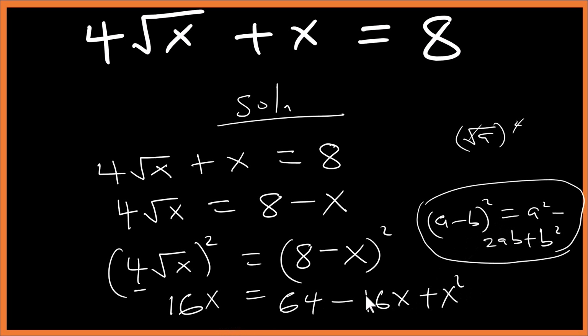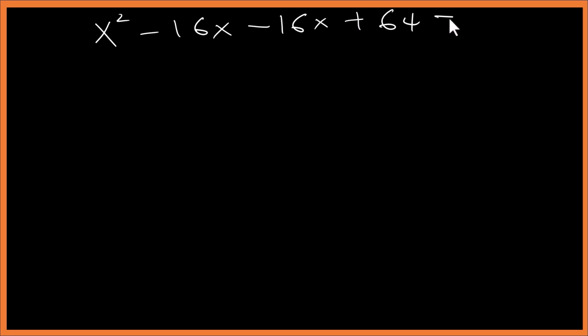So let's arrange this one. Since we are getting a quadratic, we have x squared minus 16 plus 64. So x squared minus 16x minus 16x plus 64 equal to 0.